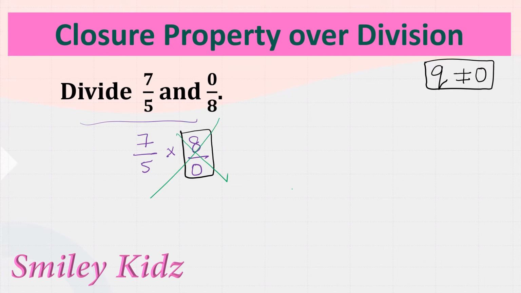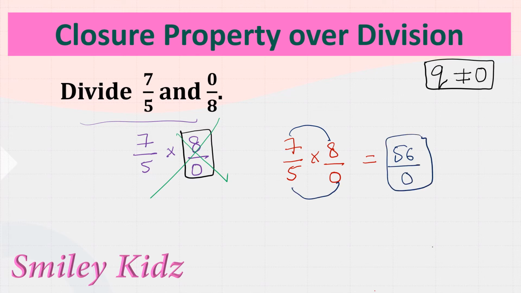So, rational numbers are not closed under division. Even though you multiply these two rational numbers, you will not get a rational number. 7 times 8 is 56 by 5 times 0 is 0. 56 by 0. q should never be equal to 0.